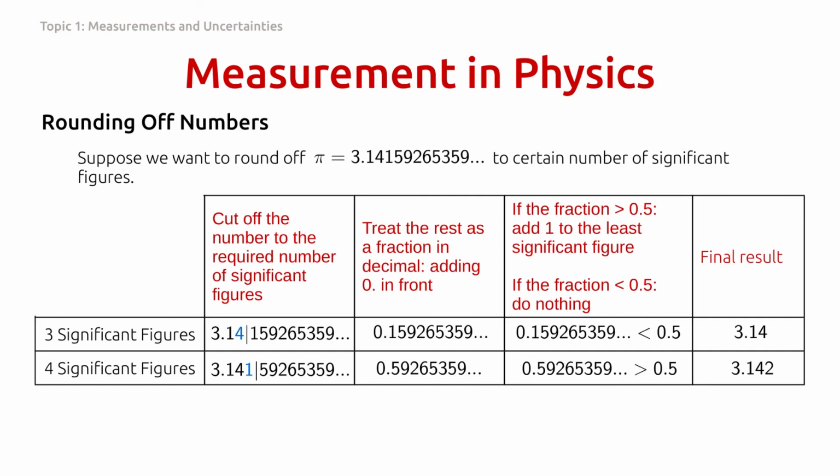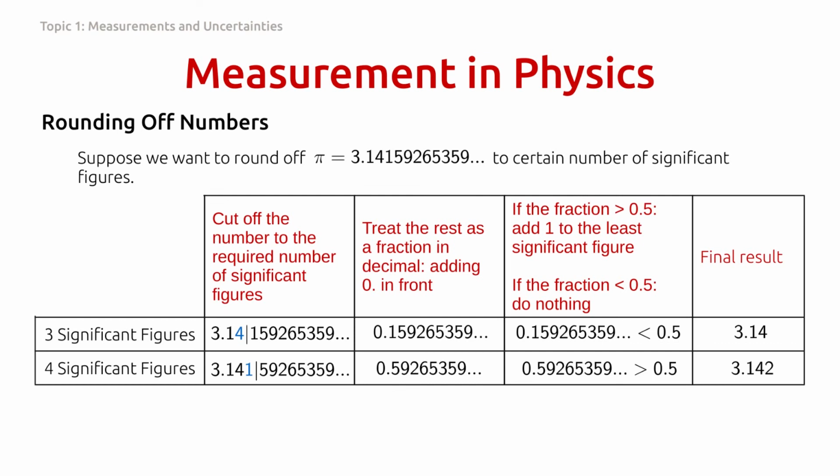Second example. We now want to round off pi to 4 significant figures. Again, we cut off the numbers to the required number of significant figures, in this case 4. So in order to have 4 significant figures, we truncate the number in between 1 and 5, as you can see here. The last digit written in blue here is the least significant figure.